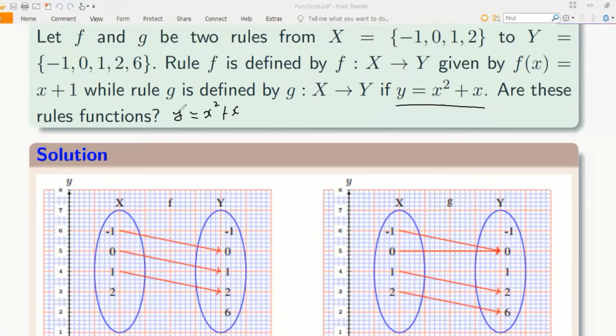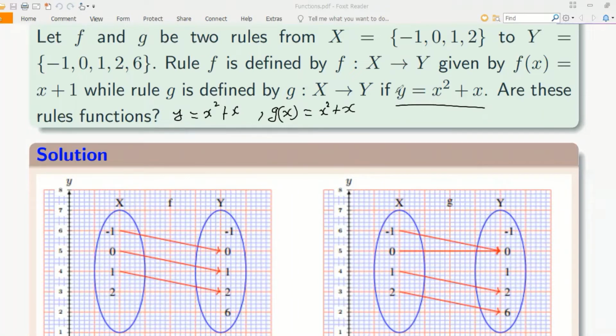Here y is the image, and this is the object. Somebody will have written this as g of x is x squared plus x. These two mean the same thing. If somebody writes it this way or that way, it means the same thing.